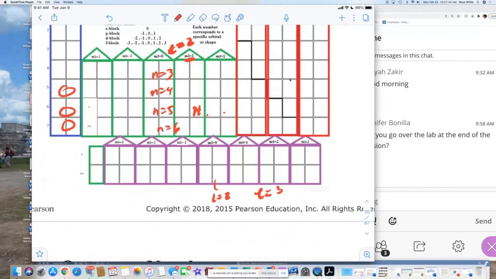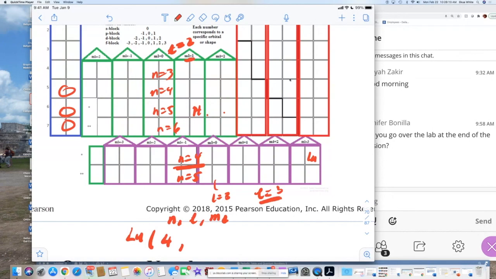So you will write N is 5, L is 2, M sub L is 1, right? And then if you're looking for something that's, let's say this one right here, lutetium, Lu. For Lu, once again, this is N is equal to 4, N equal 5. So for Lu, in the order N, L, M sub L: N is 4, based on this.